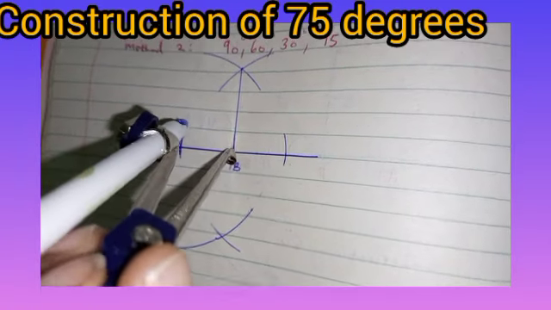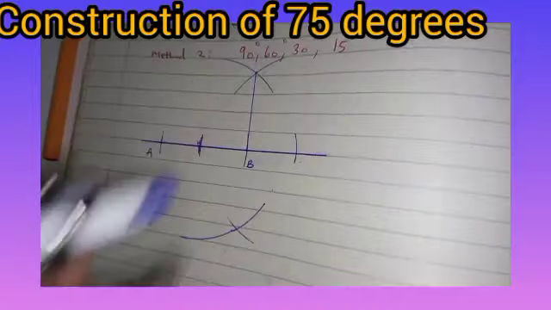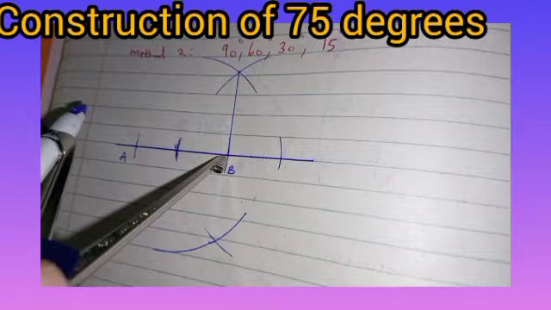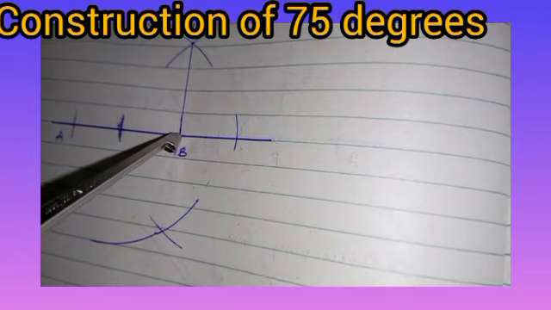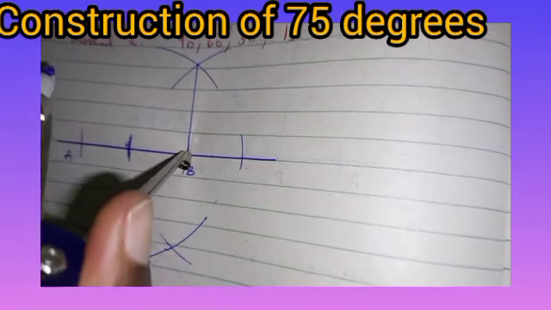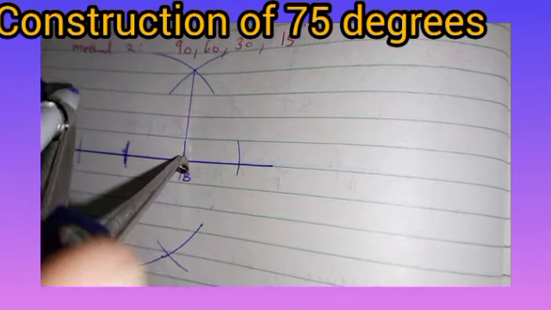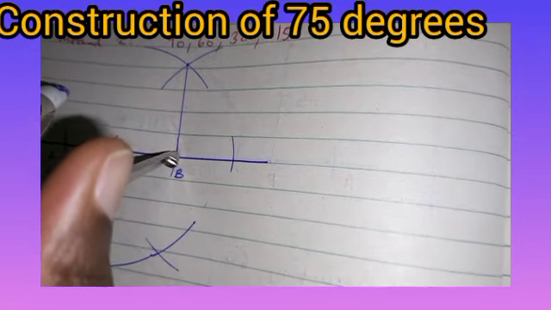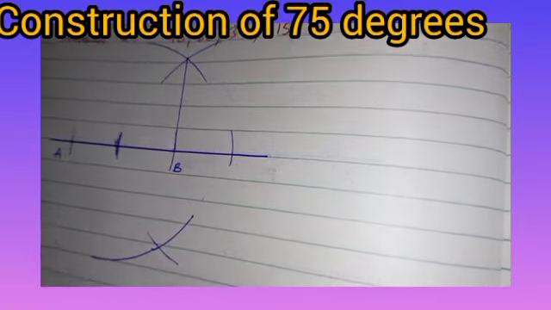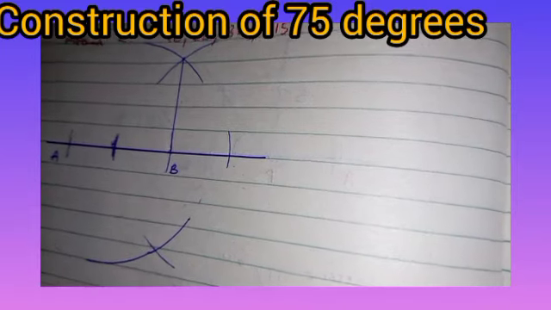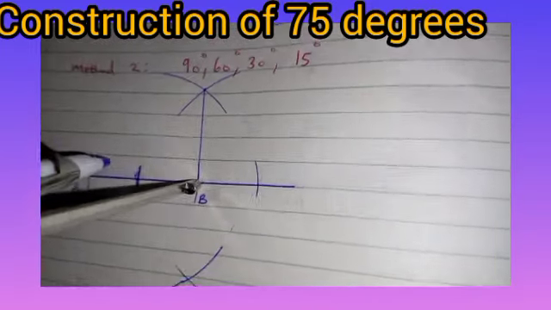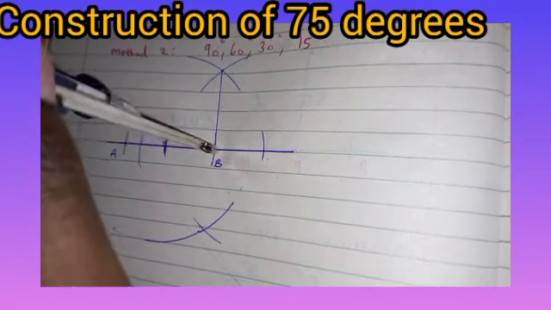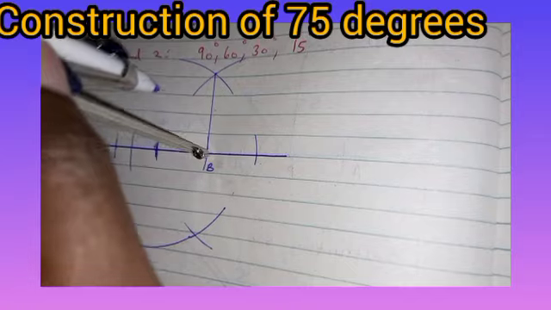But before bisecting, we want to construct an angle of 60 degrees at point B. With your pair of compass at point B, you make an arc along line AB and another one up there.